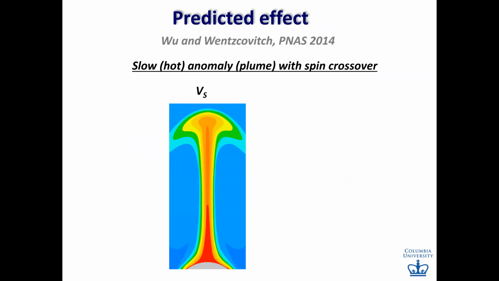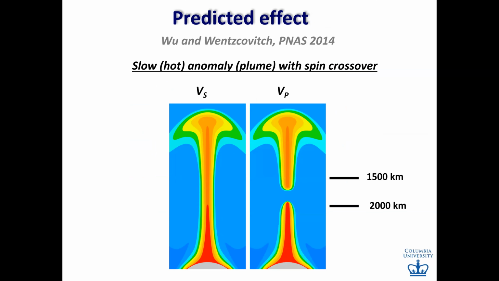If you have a plume coming from the core mantle boundary, in a tomographic S model you will see a plume looking like this. But in a tomographic P-wave model, there is a disruption in velocity structure between 1500 and 2000 kilometers. That's because the bulk modulus increases with temperature and the shear modulus decreases. That's essentially the story, the prediction that we understood in 2014.